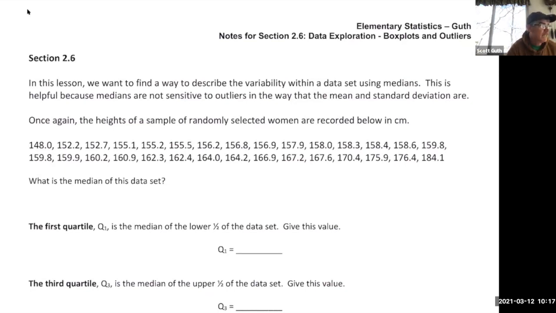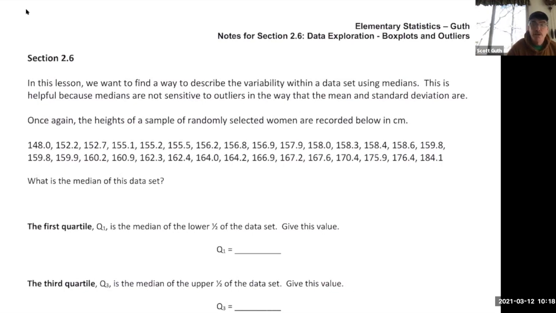It breaks the data set up from low to high into 25% groups. So the lowest 25, and then you have 2 middle 25s, and then an upper 25. And each of those groups are called quartiles. And then we do some stuff with the quartiles and make a graph, basically.